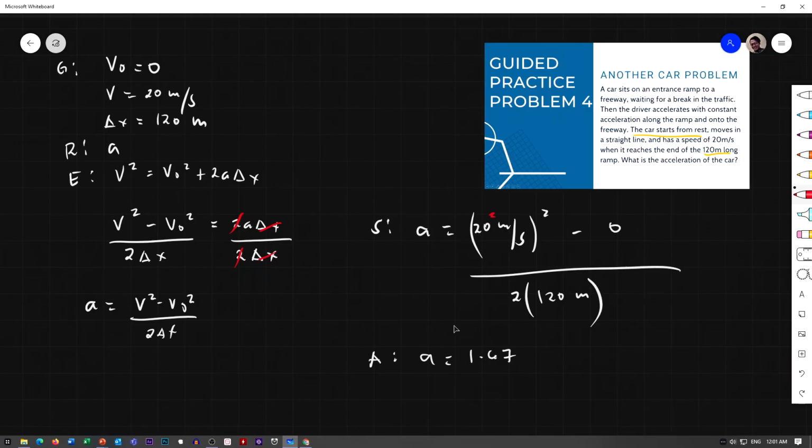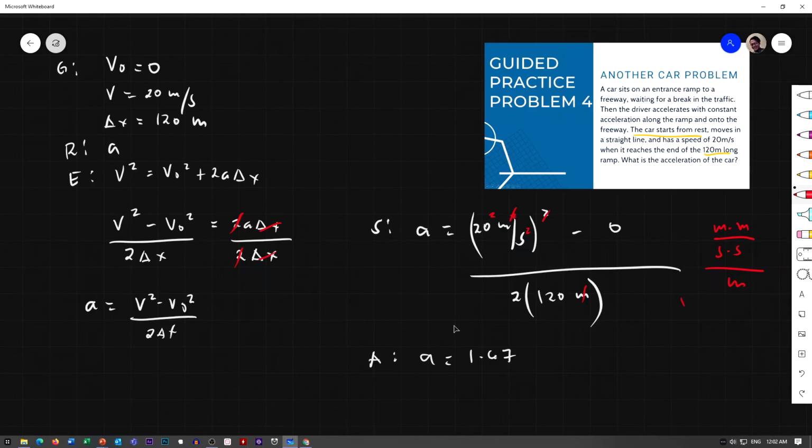Our unit is, or let's show the cancellation. So you have 20 squared, then you have meter squared and second squared. I distributed the operation. So here you're going to cancel 1 meter to divide on your denominator, because if you write the units, it's going to be meter times meter divided by second times second divided by 1 over meters.